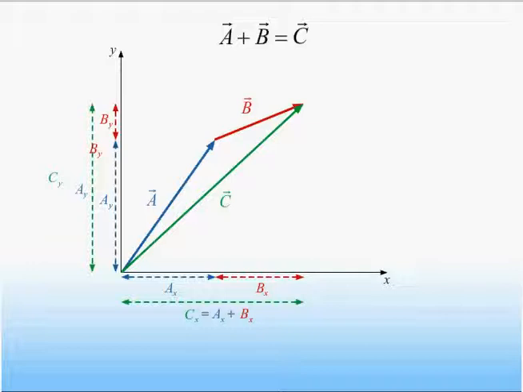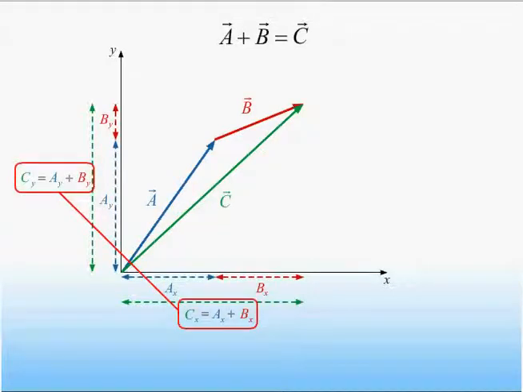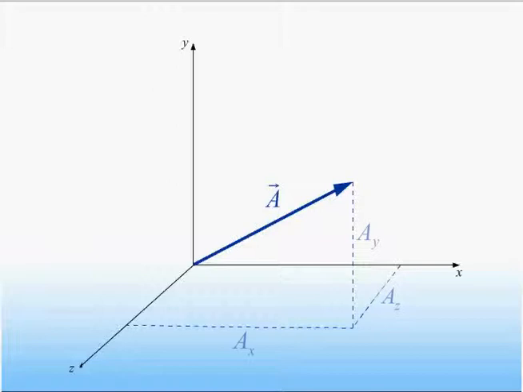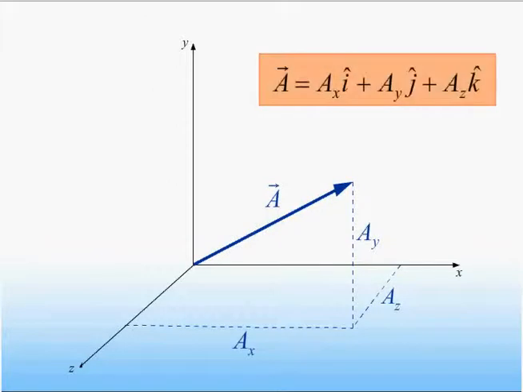It's clear that this definition of vector addition gives the result that the Cartesian components simply add. C_x is equal to a_x plus b_x, and C_y is equal to a_y plus b_y. With this definition of vector addition, we can also write a general expression of any vector A in terms of its Cartesian components and the unit vectors, i hat, j hat, k hat, in the x, y, z directions, respectively.